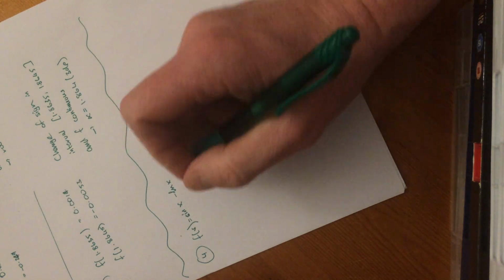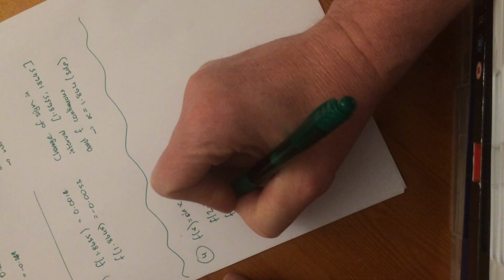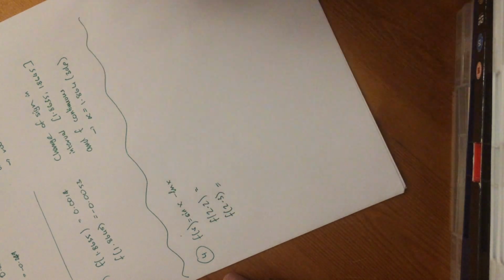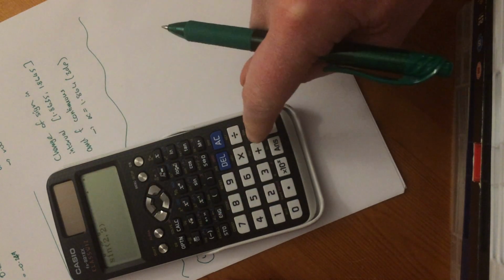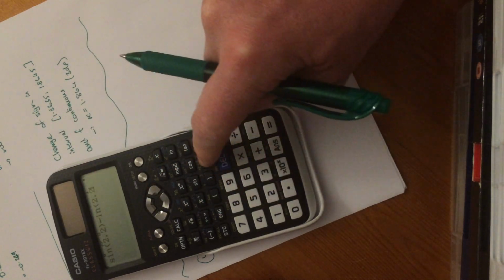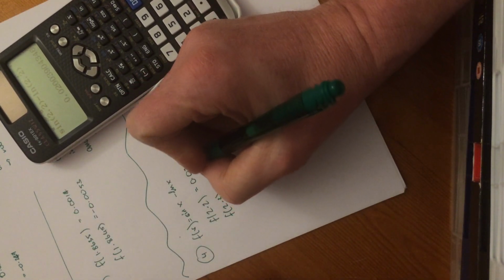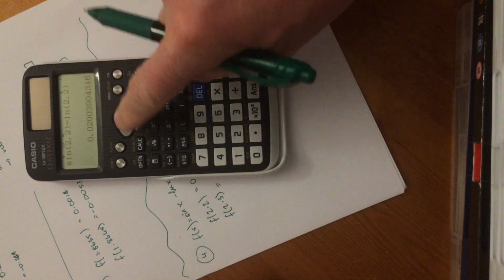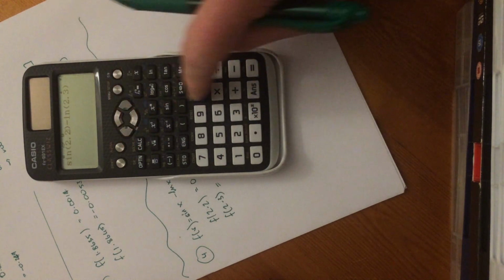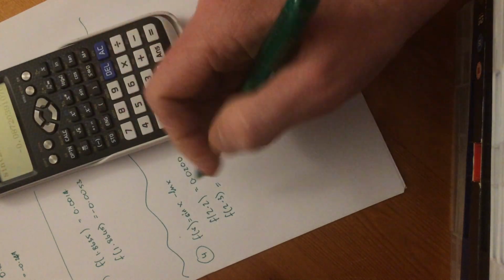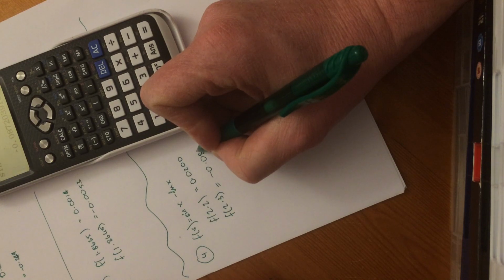Show that there's a root in the interval 2.2 to 2.3, so I'm going to work out f of 2.2 and I'm going to work out f of 2.3, and again, I'm presuming one of them will be positive and one of them will be negative. So sine 2.2, mine's in radians, minus log 2.2. I'd be devastated if it weren't. 0.0200. Okay, and then 2.3 now. Minus 0.087.